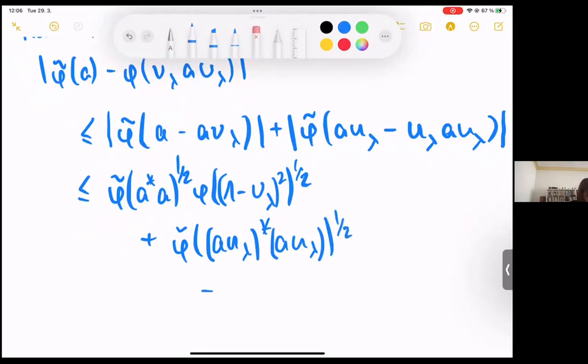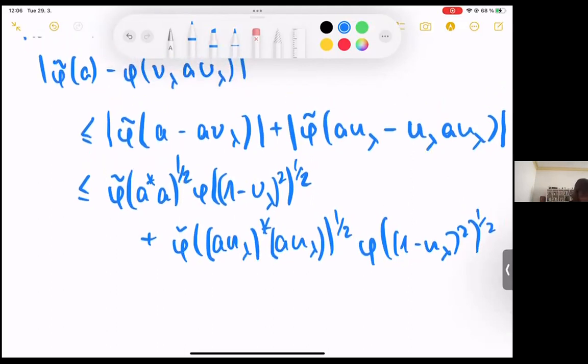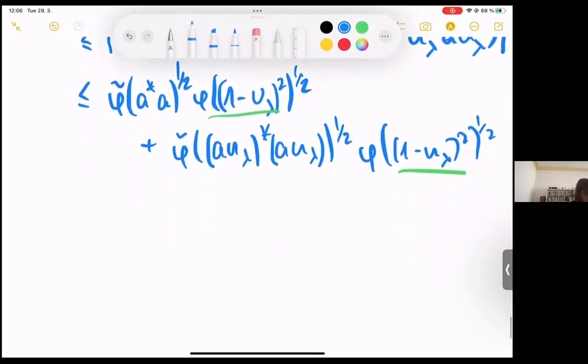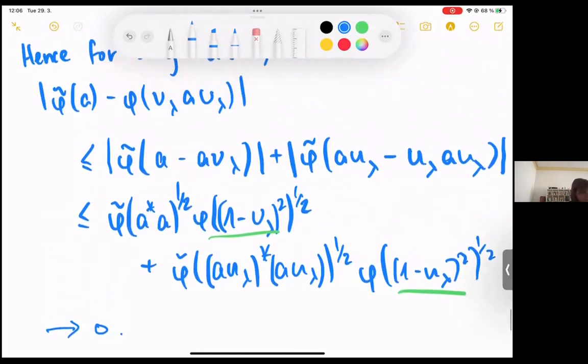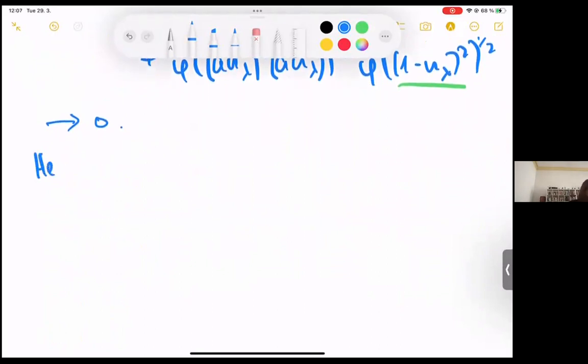Okay, we just saw that these two terms here will go to 0. So this goes to 0, which is exactly what we wanted to show.